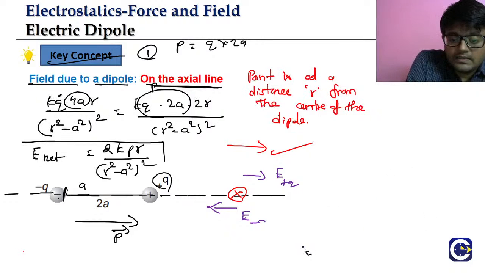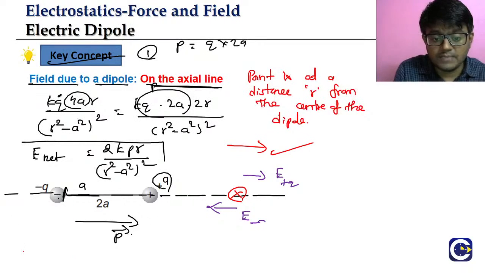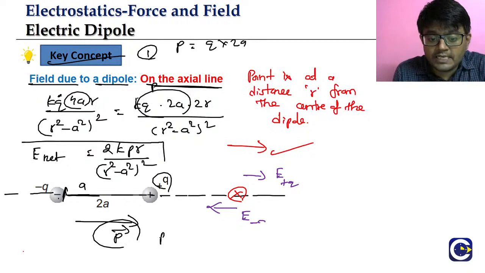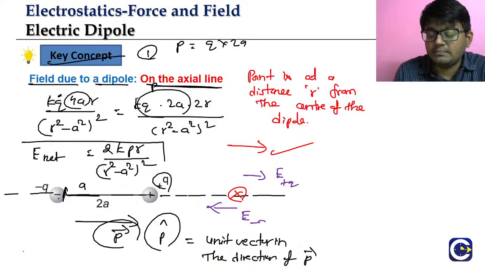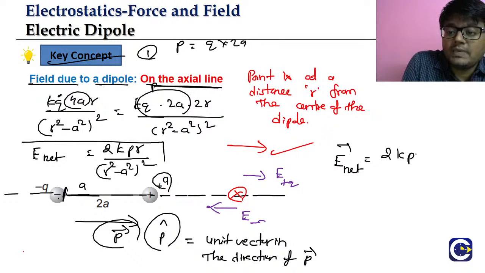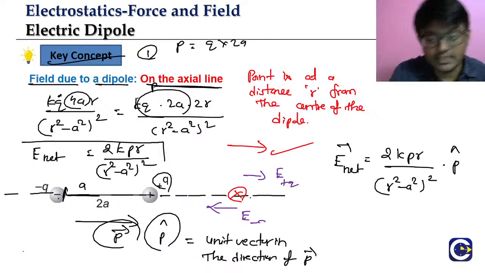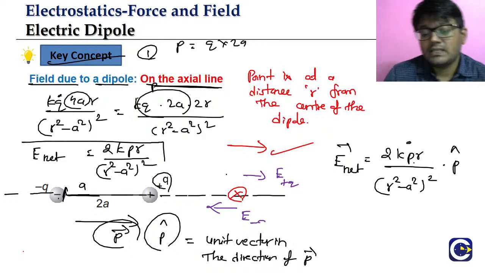Now look, in which direction is this net electric field? It is in the direction of the dipole moment. Now the unit vector in this direction is what? p cap. p cap is the unit vector in the direction of p bar. So now, the net electric field as a vector, how? 2kpr by r square minus a square the whole square into p cap, we can write like this in vector notation. We can simplify this a bit. p into p cap is what?